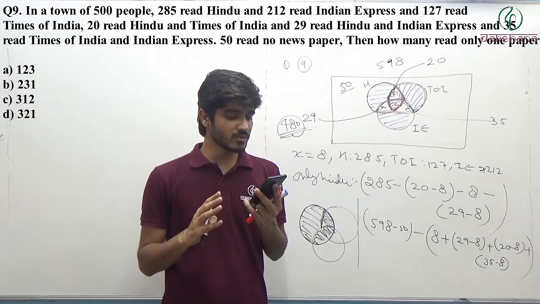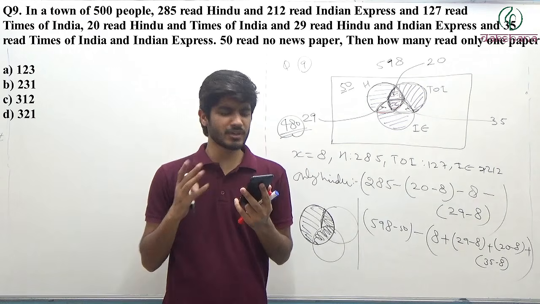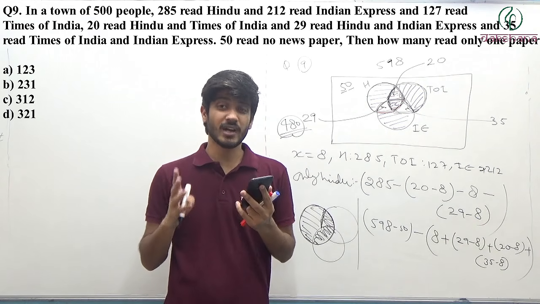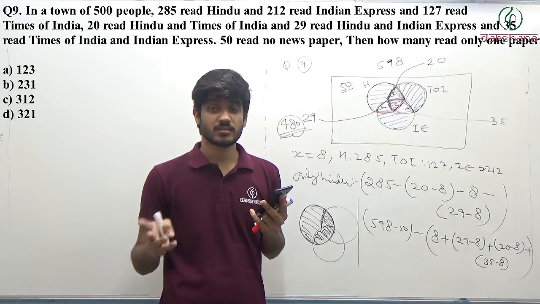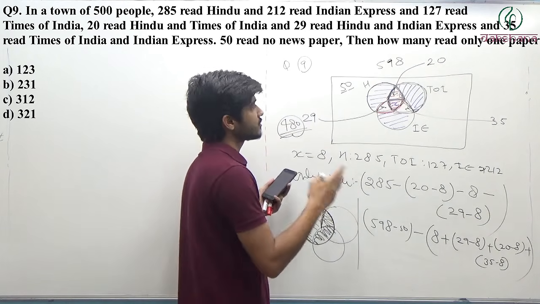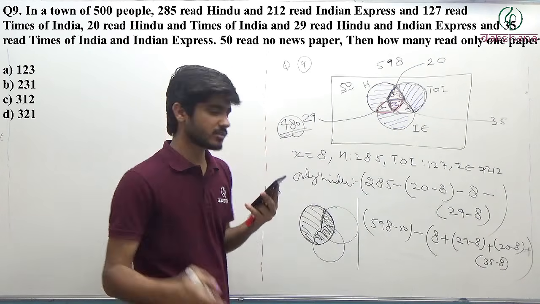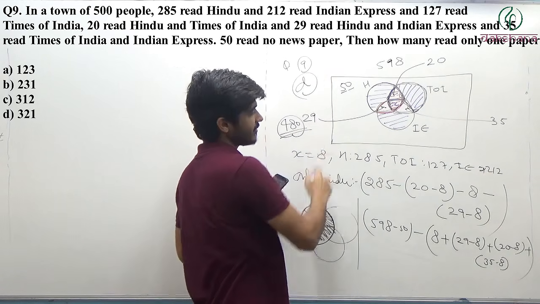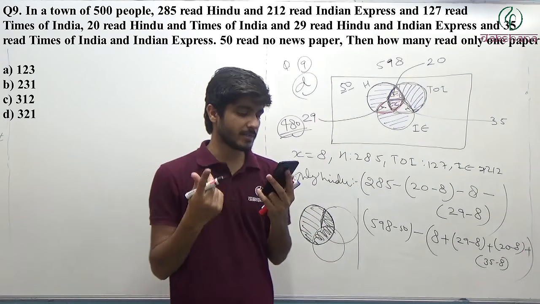So it should be somewhere on the higher side. It cannot be 123, it cannot be 231, 312. So 480, yes, that is what you are looking for, right? So I think you got this one. So 480, option number D. Even if you solve this one, you'll end up getting 480.